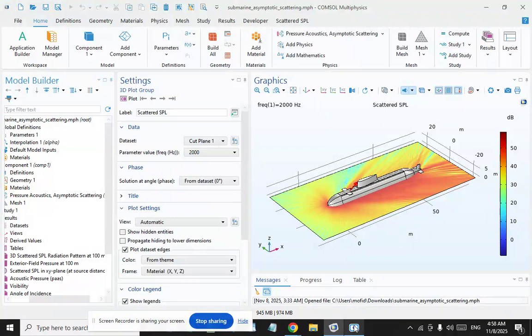P0 is the reference pressure, usually taken at the threshold of human hearing, which is approximately 20 micropascals. A is the amplitude of the sound wave, R is the distance from the source, and pi is the mathematical constant, approximately equal to 3.14159.